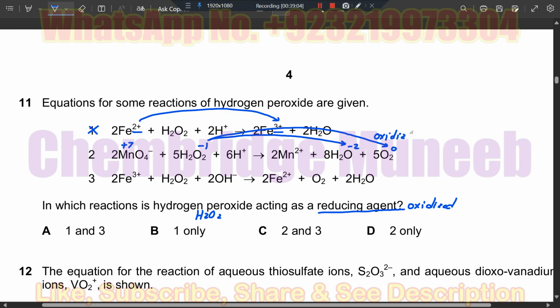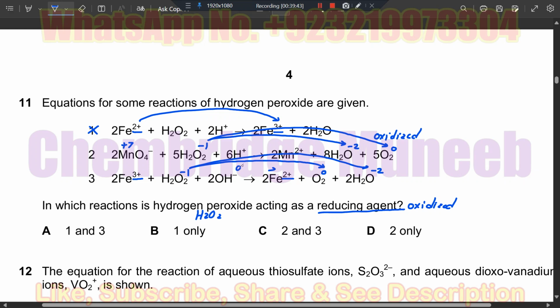So this could be the right equation. And for equation 3, again we check the change of the oxidation state. Iron is changing from plus 3 to plus 2, so yes, it is being reduced. In terms of H2O2, it is changing from minus 1 to 0 over here and minus 2 over here. Changing from minus 1 to 0 is oxidation, although it changes to minus 2 as well, but we look for the oxidation.